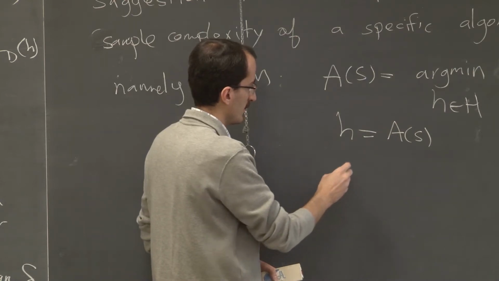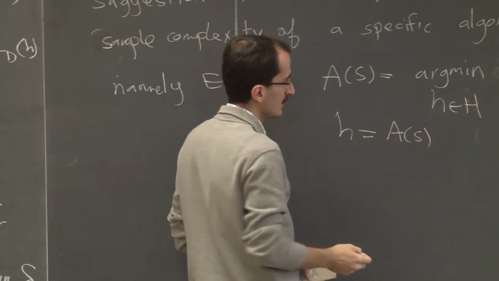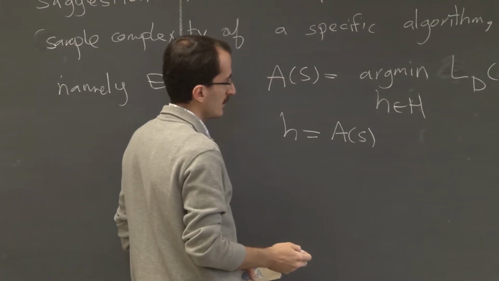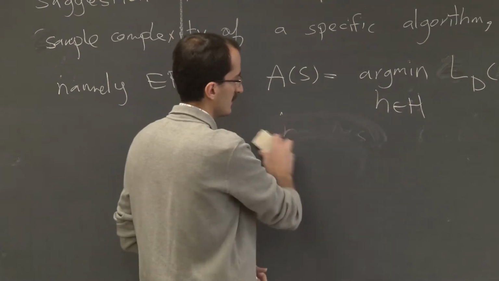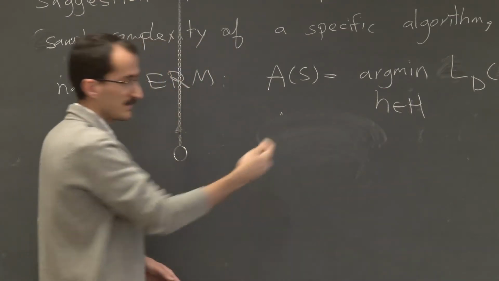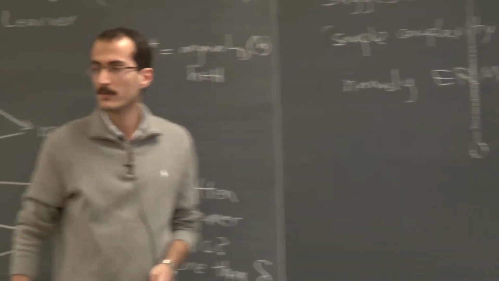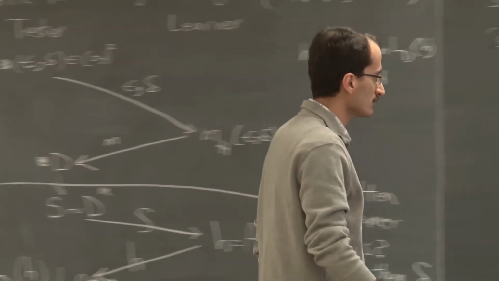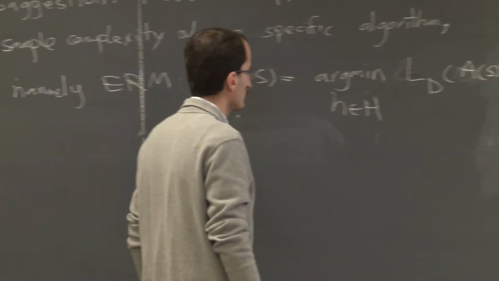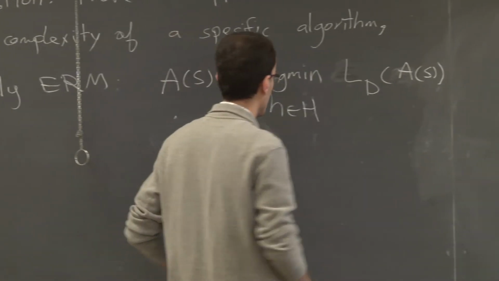So if I compute the loss of this one, it will output. It's a little bit inaccurate, but I think it gives the idea. Change your D subscript to an S, and then you're not taking the min over A of S. A of S just has this one function. Yes, you are right.